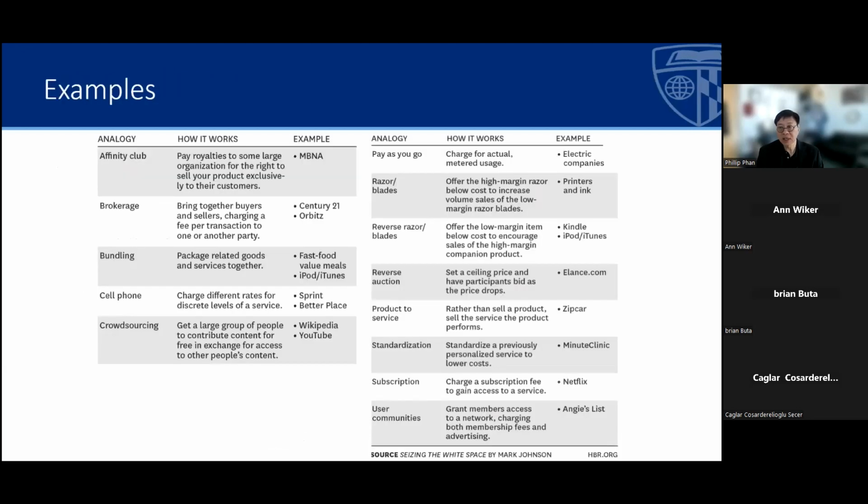So here are some examples. And again, as I said, I'm not going to go through all of these things. I'll have the deck available to you, and you can adapt a lot of these examples to your own business. And these are just a few examples. Literally, the way you can make money from your technology, even in instances where you think you're going to use a reimbursement model, is about as plentiful as your creativity.